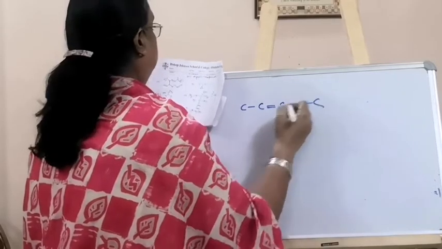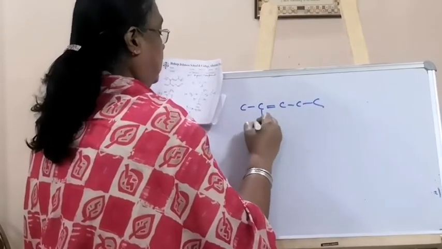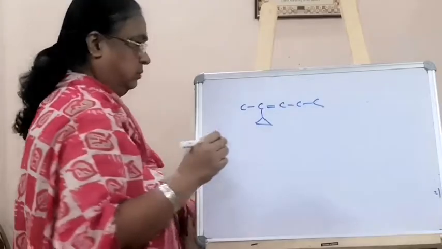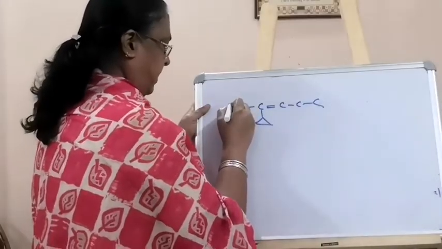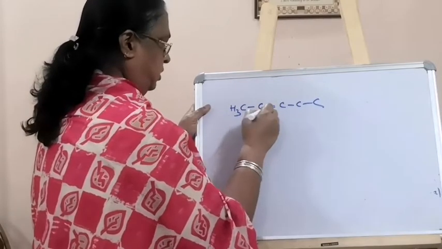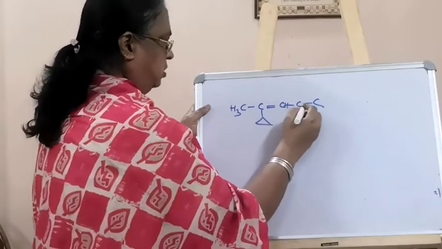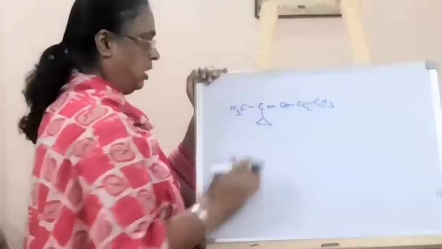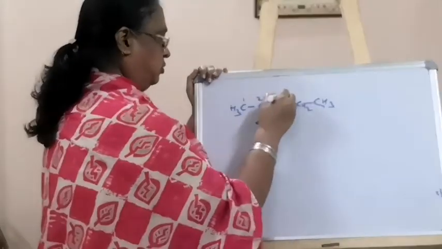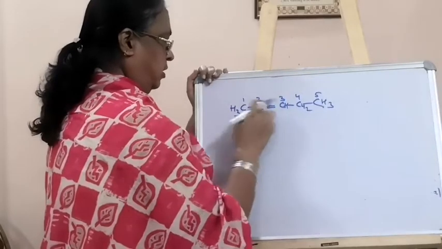This is the chain. Hydrogens are there. Every time I won't be writing hydrogen 1, 2, 3, 4, H, H2 and H3. So numbering will be from here 1, 2, 3, 4, 5 carbons.